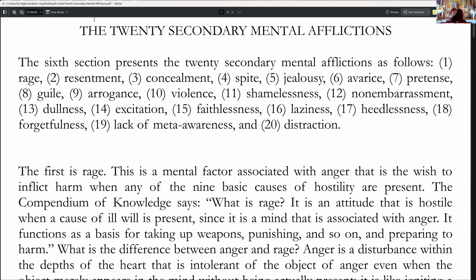Like I say, the first one is called rage. Rage arises from anger, right? This kind of thing. Let's say rage, resentment, spite, jealousy, and look at the 10th, violence.